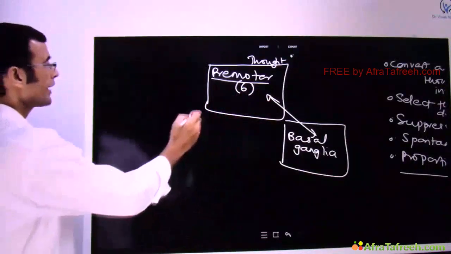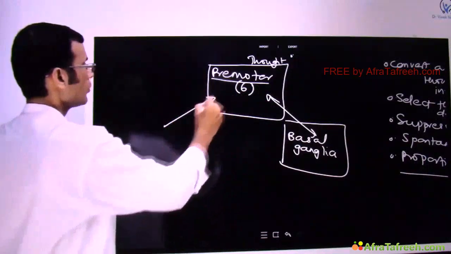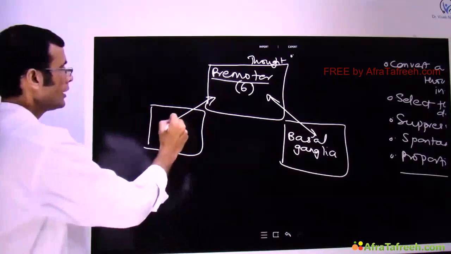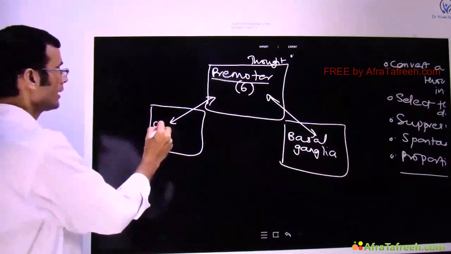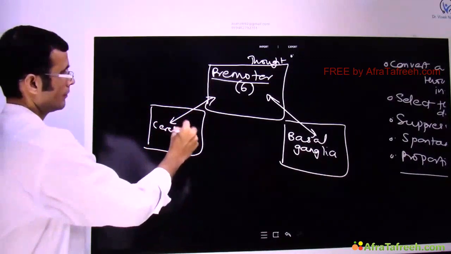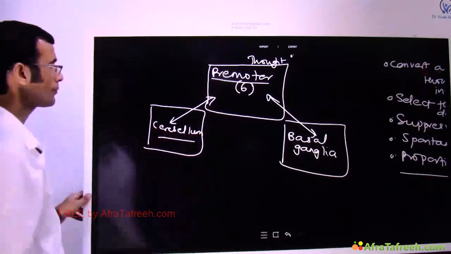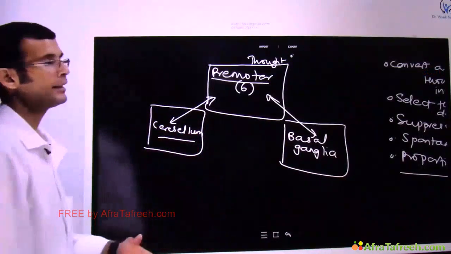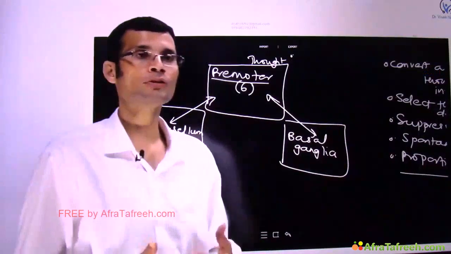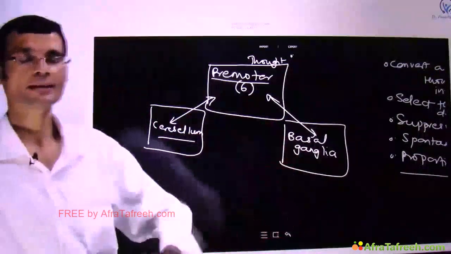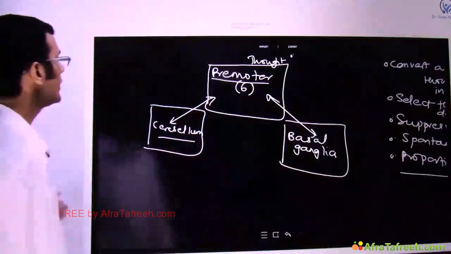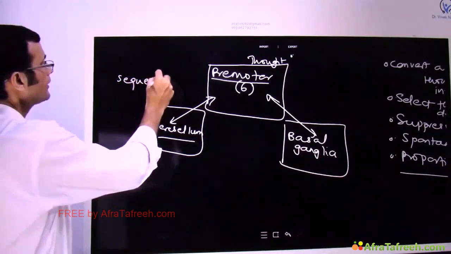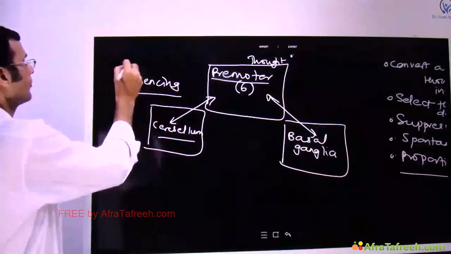So that was the second part in the motor system. Then the third impulse will come from the cerebellum. Now it has been almost decided what movement is to be done. Then cerebellum will give sequencing of muscle contractions.